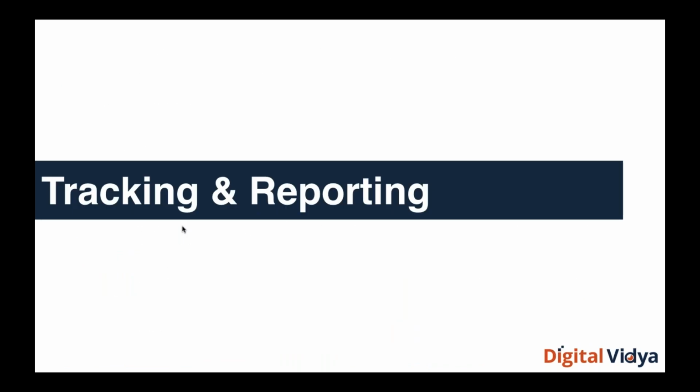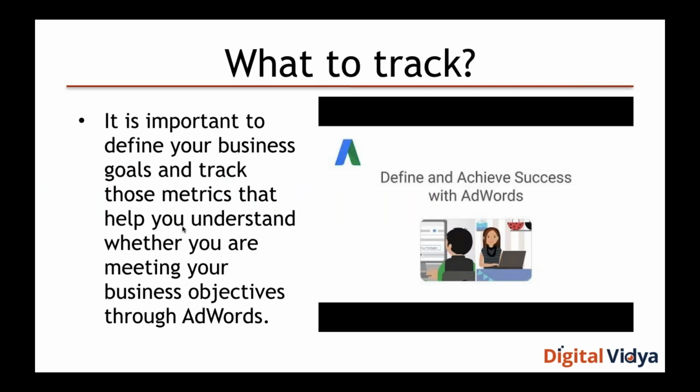So in order to measure the performance of your campaign, you look at the reports. Today we'll discuss what different pre-created reports there are on AdWords, and what type of reports you can create on your own as well, because there is a task where you have to create your own reports. So we'll go and do that as well.